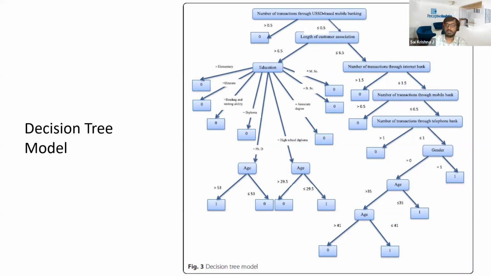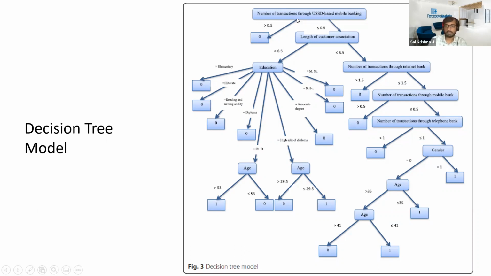Okay, so that is what they have done over here. So in the first step, if you see, they had certain other variables as well, but when they calculated the Gini index of each variable, they found that the Gini index for this variable is the highest. That is the number of transactions through USSD based mobile banking.